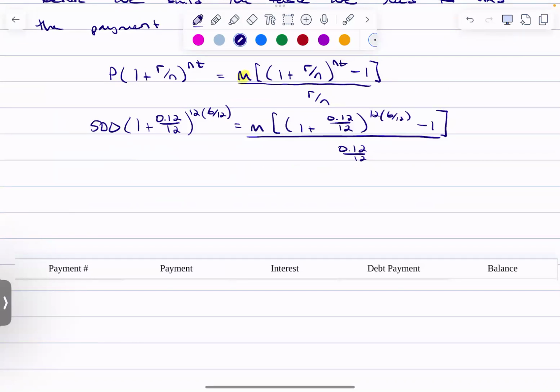0.12 over 12 plus 1 to the power of 12 times 6 divided by 12 times 500. Oh, now I've done it. I lost it and I have to do it again. I didn't save it.